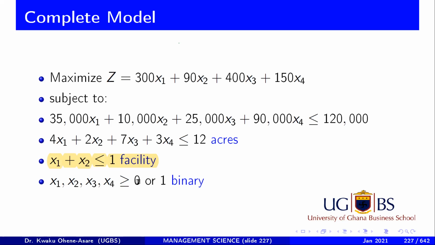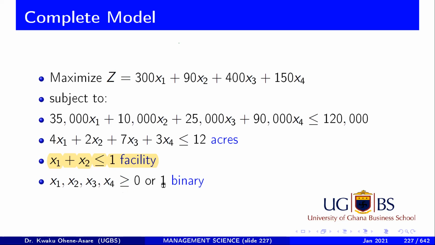Now that statement, 0 or 1, you could have said greater than 0 and binary. When you use the words and binary, then you don't bring in or 1. But when you say or, you can say or 1 binary. I like to use and binary, which means it's going to be 0 or 1. But you see, you've already said greater than or equal to 0.